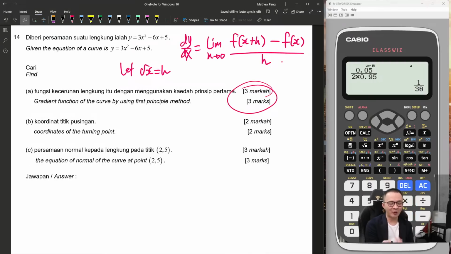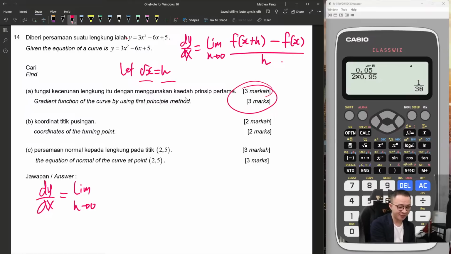Okay, so I want to use this first principle to do this question. My change of x I changed to h already, so it's easier for me to write. So you should understand this one. So let's do it. Limit as h is close to 0. You learned about functions, right?